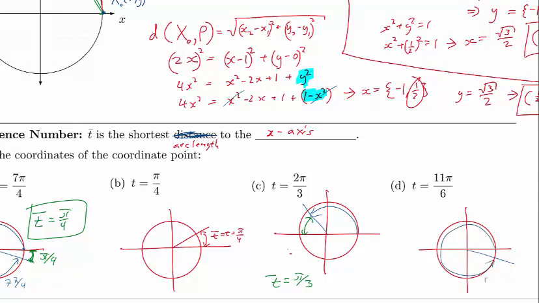That's 11 pi over 6. And so what's left to get back to the x-axis? Well, that's just another pi over 6. So t bar equals pi over 6.